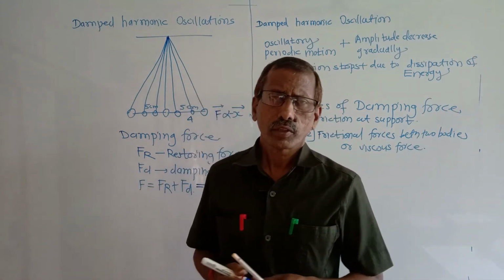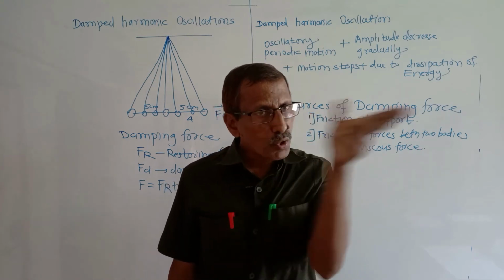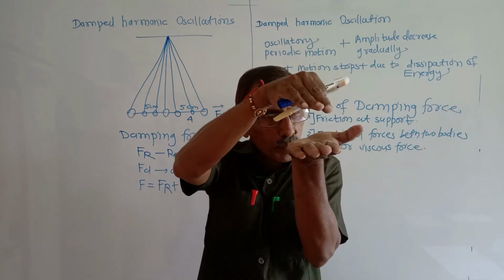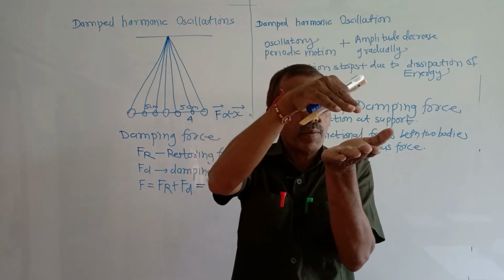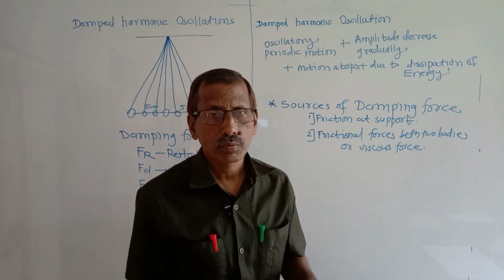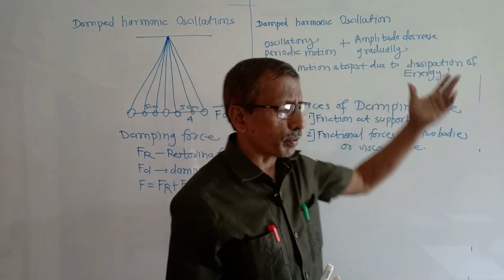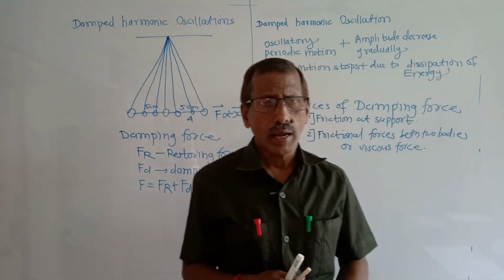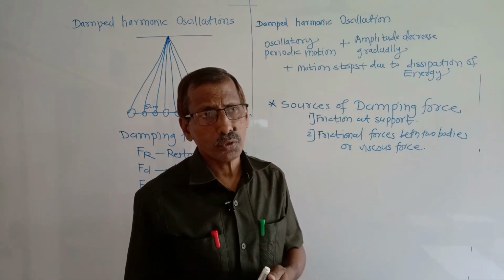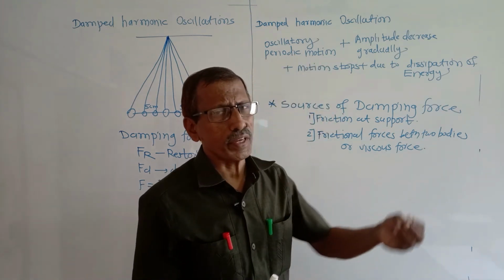When we study linear simple harmonic motion, we consider the block moving on a solid surface. So there is motion between two surfaces. At that time, the frictional force represents the damping force. But when we consider the motion of a simple pendulum or a spring-mass oscillator, the motion is in a fluid, such as the motion of a simple pendulum in air or in liquids.